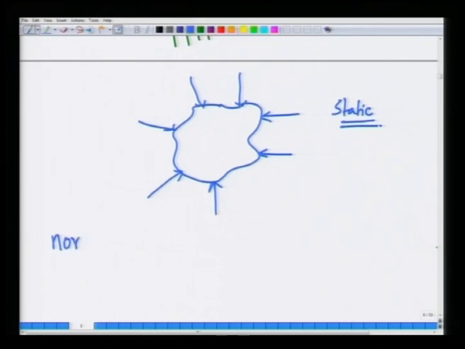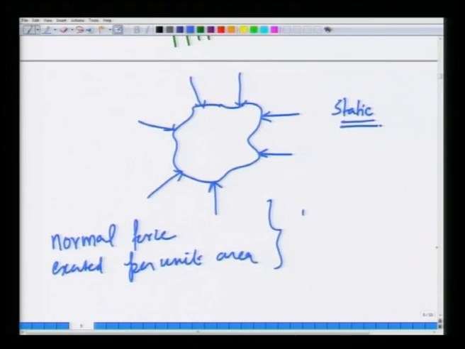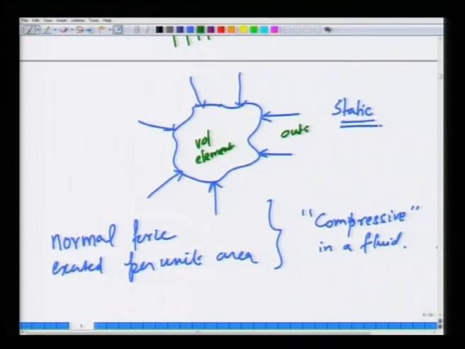The normal force exerted per unit area is usually compressive in nature in a fluid. That is, if you consider this is the fluid inside the volume element, and this is the fluid outside, this fluid outside exerts a force that is compressive, it tends to compress the fluid inside the volume element, but the unit outward normal is pointing like this.